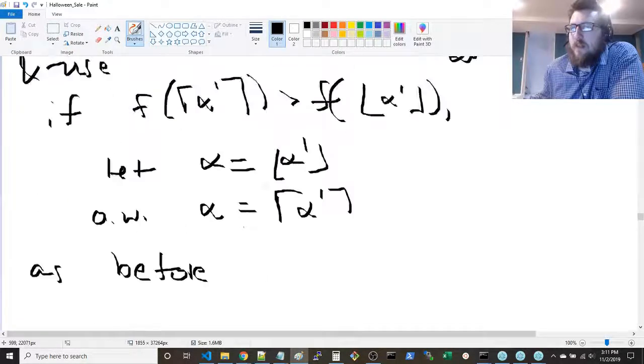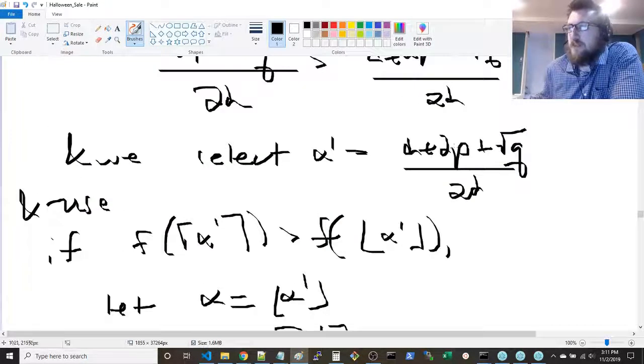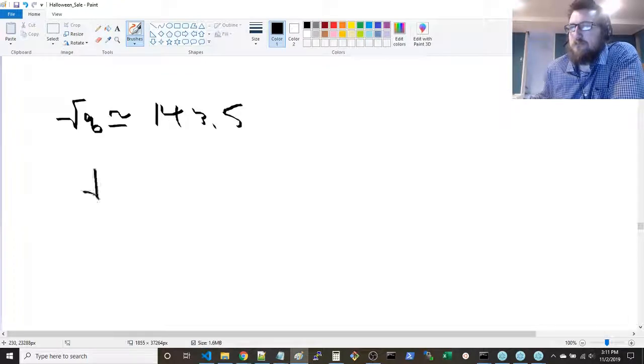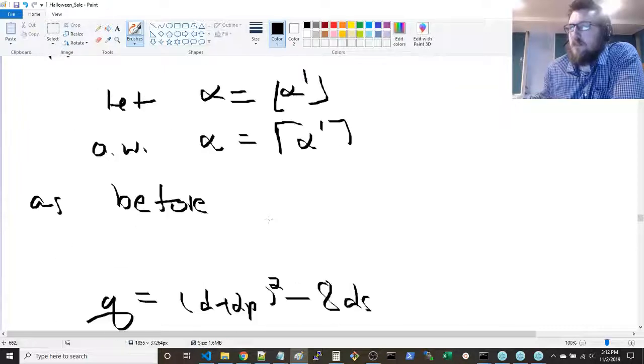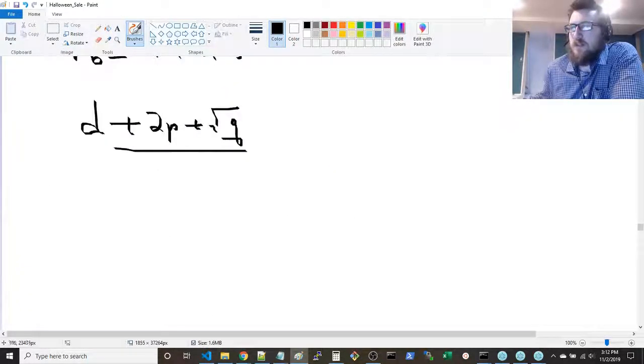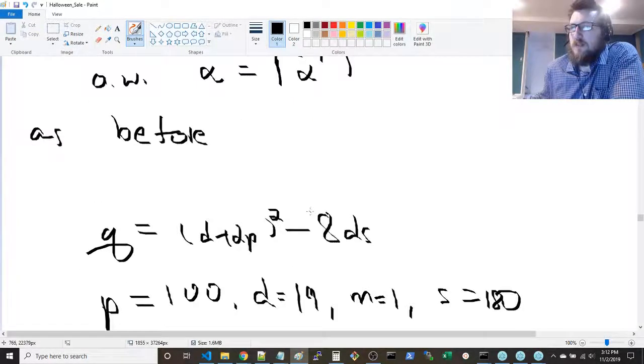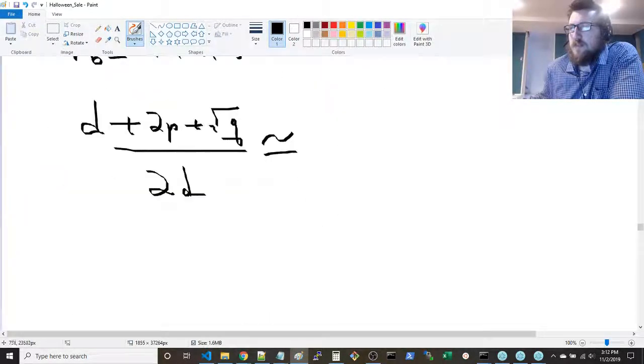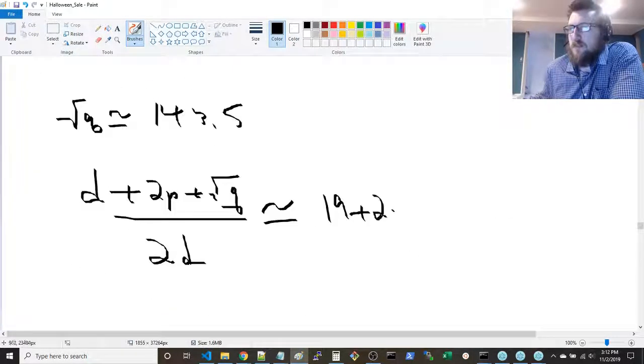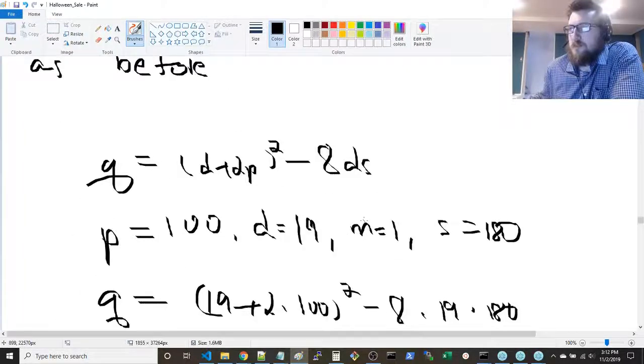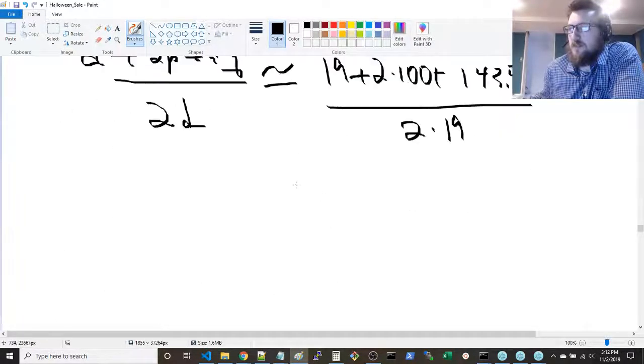All right, and now we're going to say D plus 2P plus the square root of Q over 2D gives us approximately, so D is 19, P is 100, this is about 143.5, we want to go over, where's D? 19, okay.